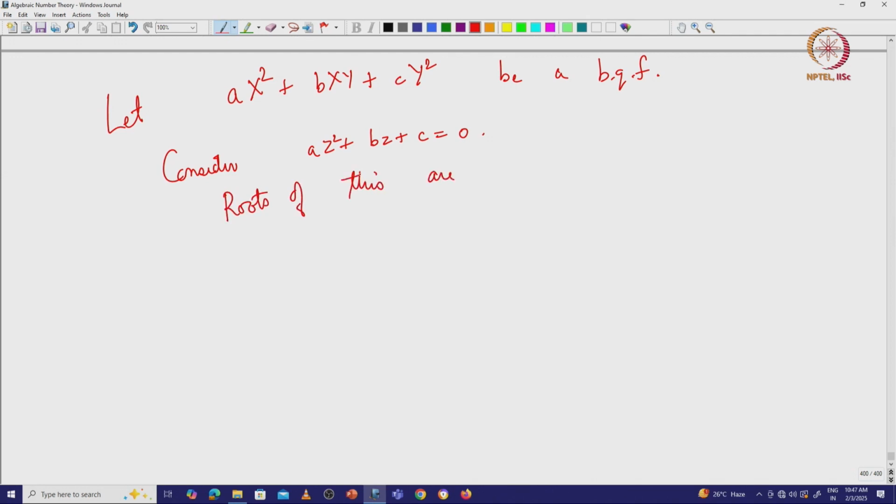Let us say that a is bigger than 0, because if not, I am just going to change the sign of the whole thing, of a, b and c. So, the roots of this are minus b plus minus square root of b squared minus 4ac, over 2a, right. And so, the roots are real if and only if b squared minus 4ac is bigger than or equal to 0.